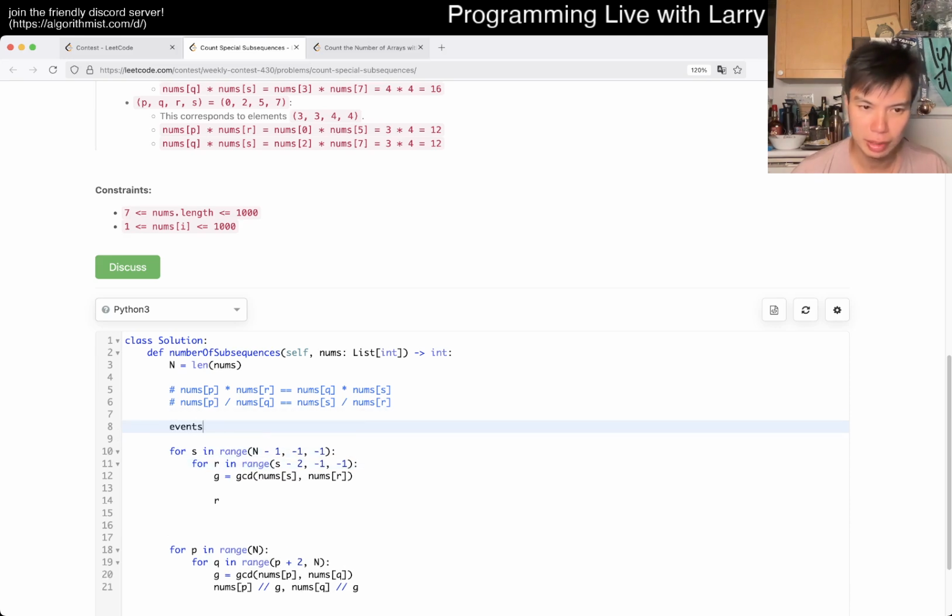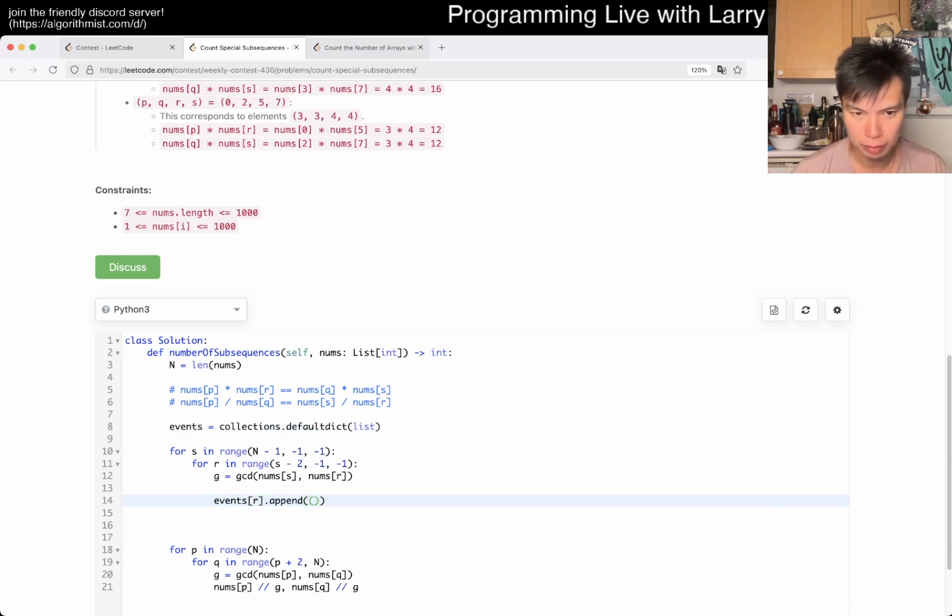So maybe we have event is equal to... no, we want... okay, right?